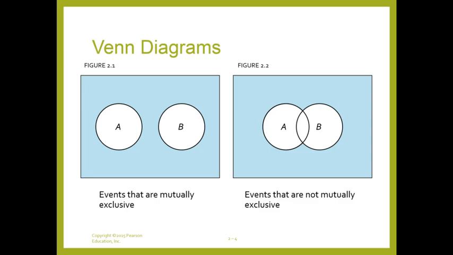But if you have in figure 2.2 chances that A and B could occur together, that it's not necessarily mutually exclusive, then you can have some mixture of those probabilities.